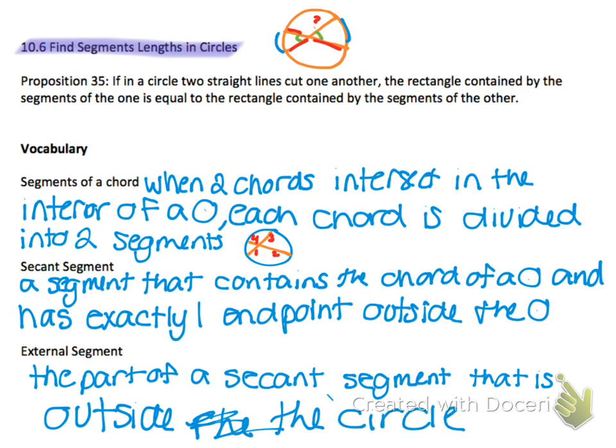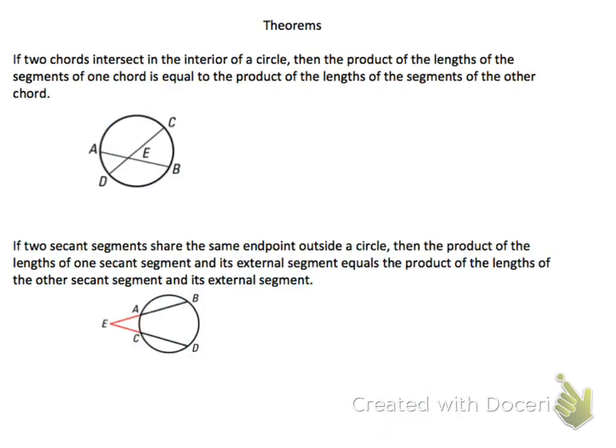Okay, so those are your 3 separate vocabulary words. We have segments of a chord, a secant segment, and then the external segment. So we're just going to talk about those for a couple more things.